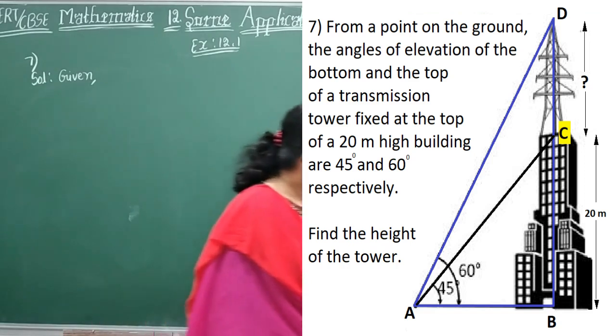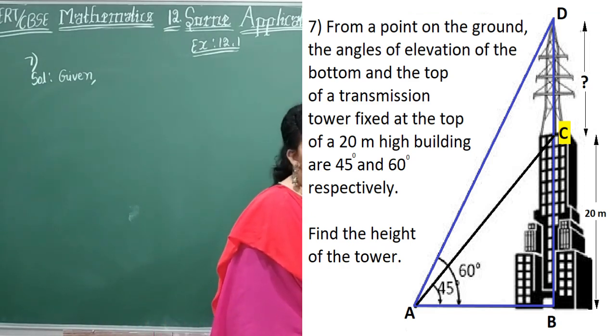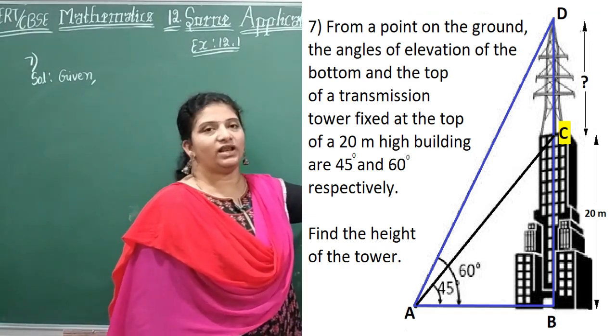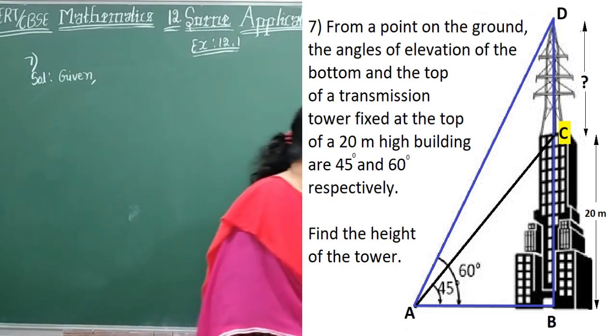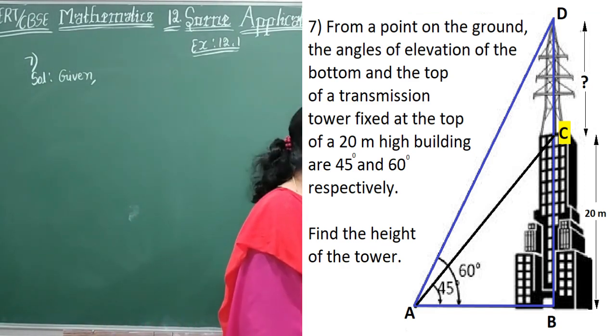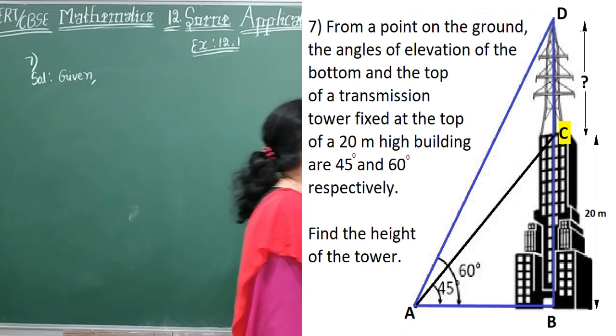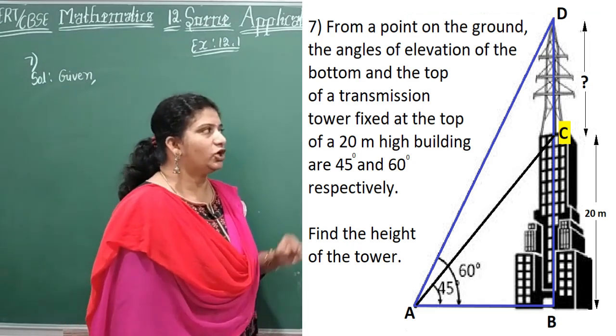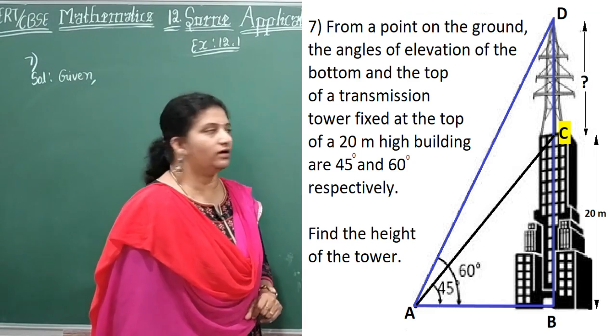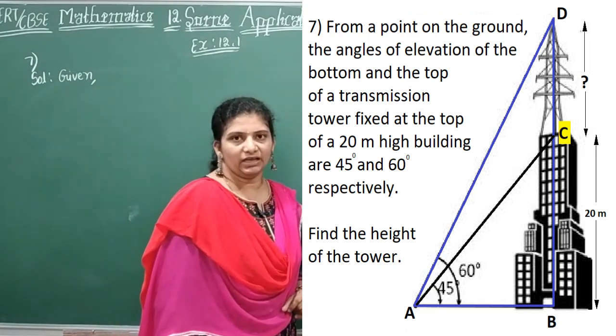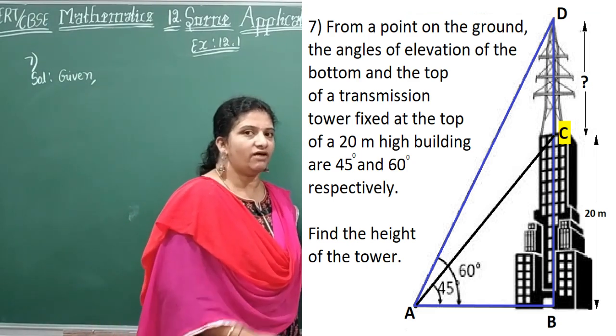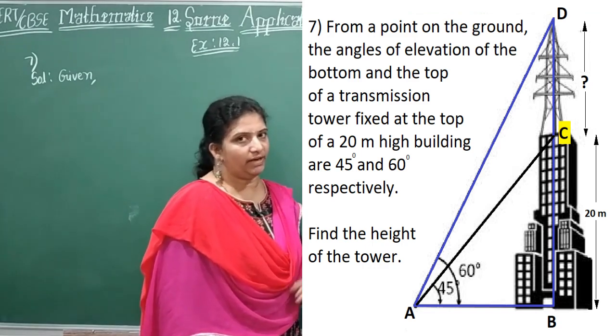Look here, children, this is the tower. What they are saying here? The angle of elevation of the bottom of the tower and top of the tower fixed at the top of a 20-meter high building. Where is the tower, children? Tower is on the building.